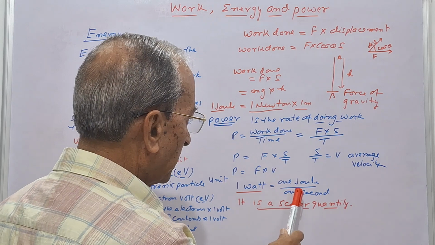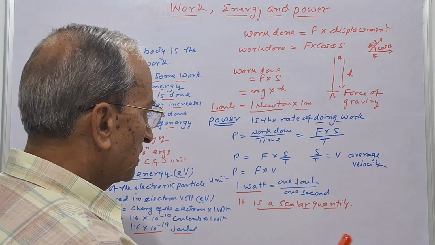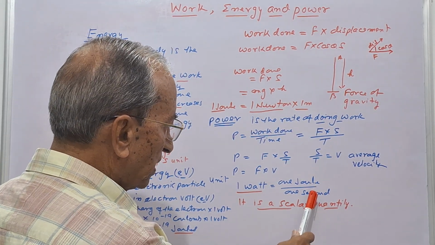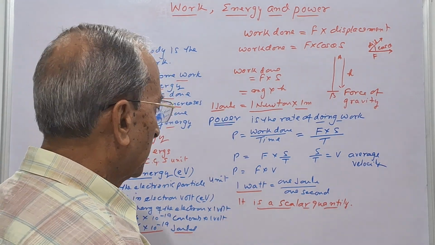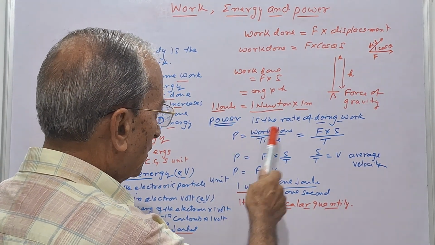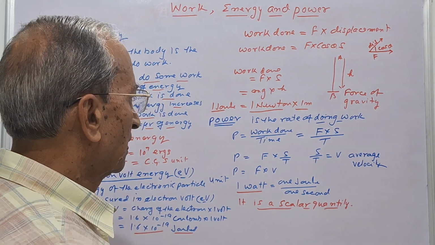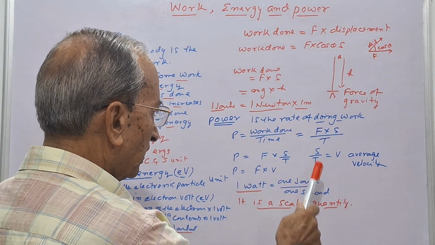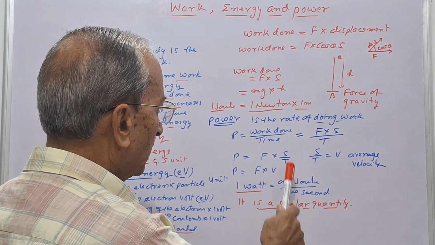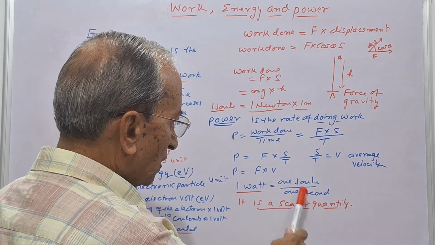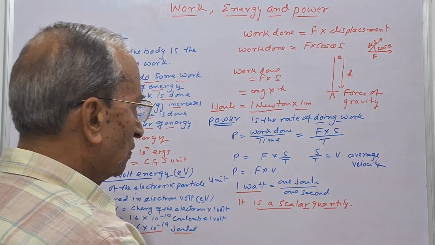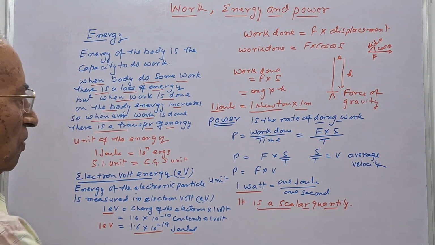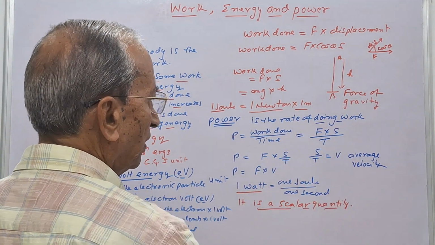If we take time as 1 second, then 1 joule of work done in 1 second is equal to 1 watt. So power is the rate of doing work.